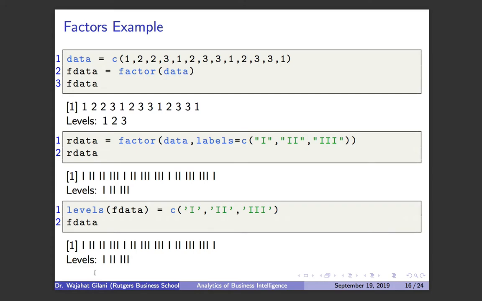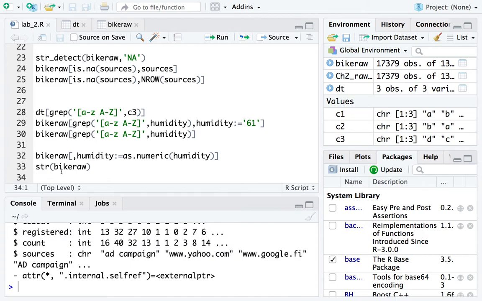If I call factor on the vector and set that equal to a new data container called fdata, fdata is going to look like this now. It has the same values as data, but now it has this extra description that says levels 1, 2, 3.